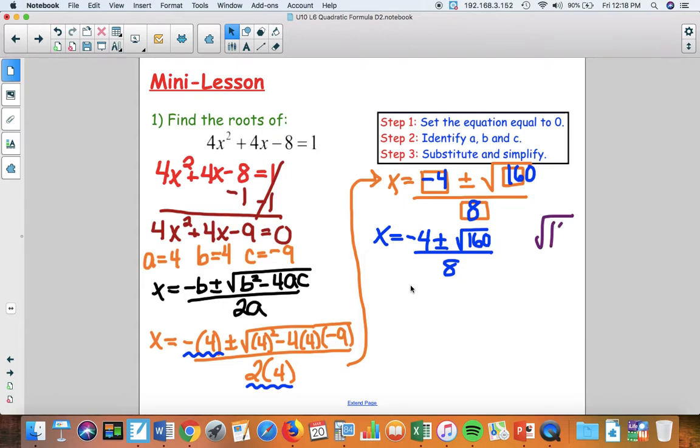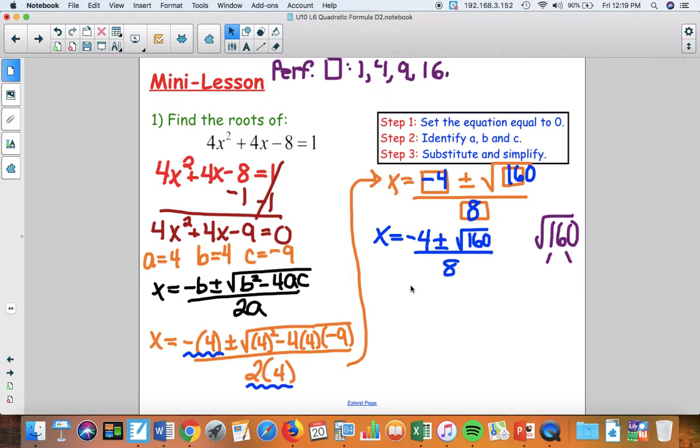So I'm going to simplify this on this side. We have to try and find the biggest perfect square that goes into 160. And I'll list them up on the top. So our perfect squares we get from doing 1 times 1, 2 times 2, 3 times 3, and so on.